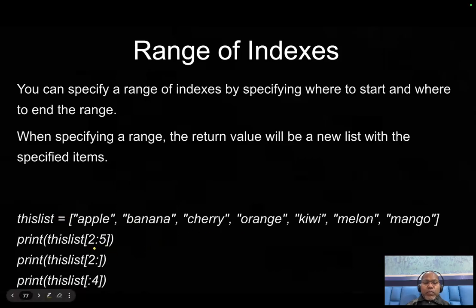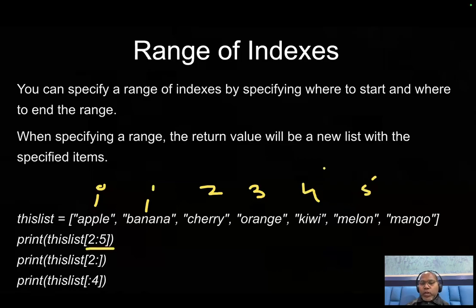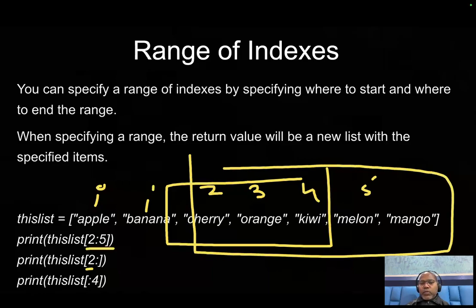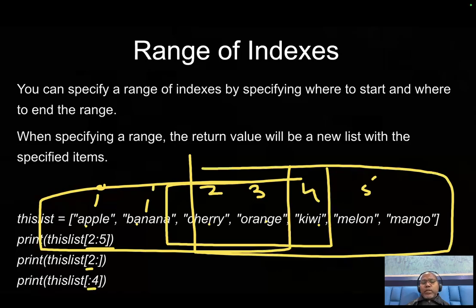You can get, for example, 2 to 5, meaning indexes 0, 1, 2, 3, 4, 5, where 5 is not included, only up to 4. After 2, you get everything to the end of the list. Before 4, index 0 to 3, everything before that you can get this way.